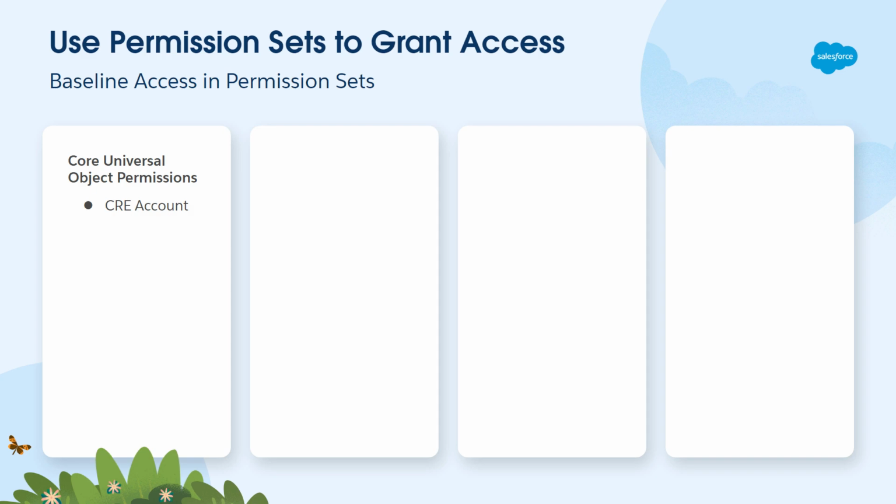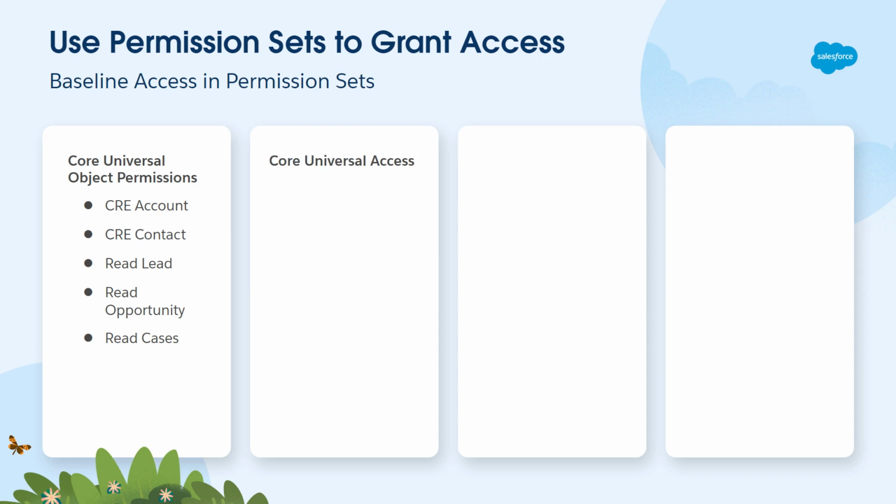So let's say we've got create, read, and edit account, create, read, and edit contact, read lead, and read opportunity. Let's say read case. And let's say that's the baseline for all your users in the company. So you can have those as your core universal object permissions. Obviously, you're using other objects, but they would be in other permission sets because they're not universal across your whole company.